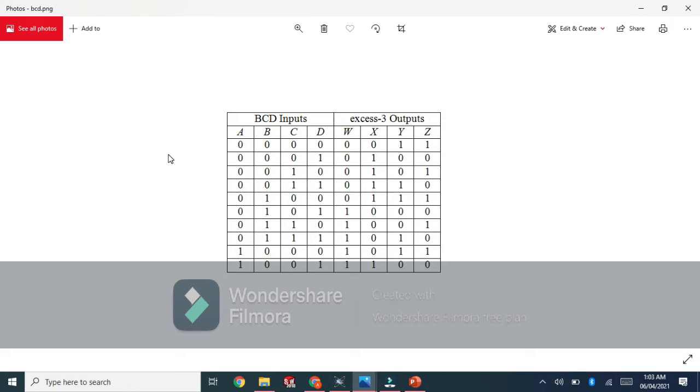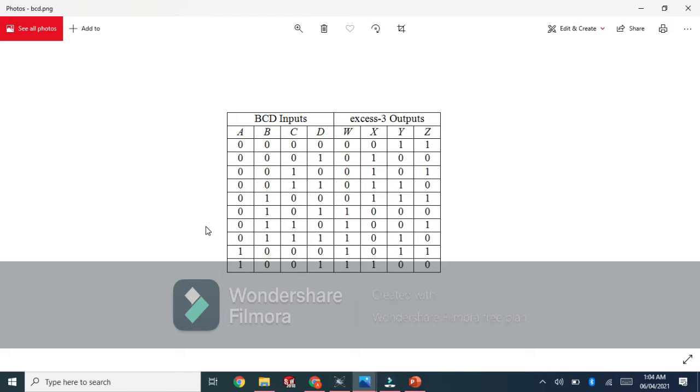Means when I apply the input 0 0 0 0, which is 0, I get the output 0 0 1 1, which means I get 3. So when I apply the input 1, I get output 4. So now you understand what BCD to Excess-3 implementation is.